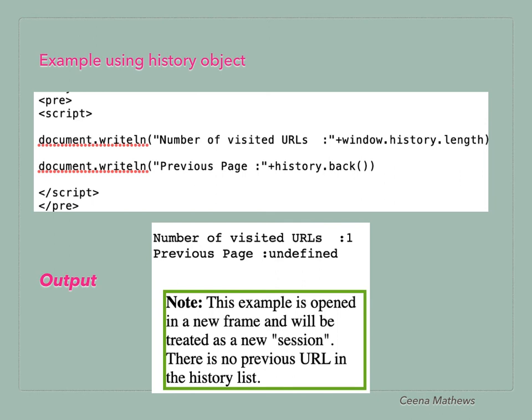That's why it shows the number of visited URLs as 1 always. Okay. And document.writeln previous page, that is when you go back to the previous page, there is no previous URL in the history list. That is because we are in the offline mode.